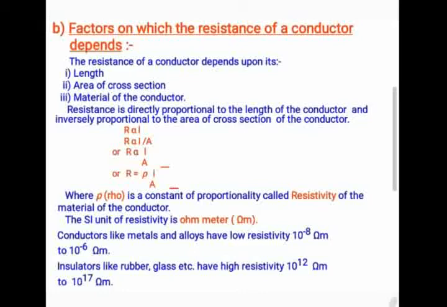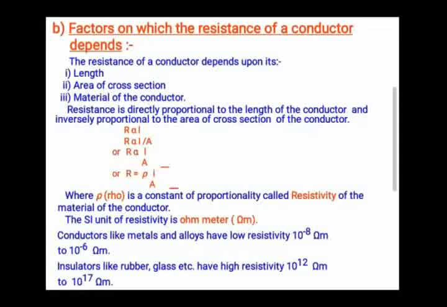The resistance of any conductor is directly proportional to the length of the conductor. Suppose R is the resistance of the conductor and L is the length of the conductor, then R is directly proportional to L, which means if L increases, that is length increases, the resistance also increases.